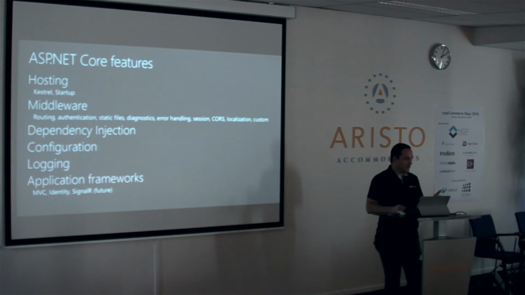I think one of the main differences between ASP.NET full framework and Core is that we integrated MVC and Web API in one base, so that you don't need to switch between them. The application frameworks are now together as one whole.